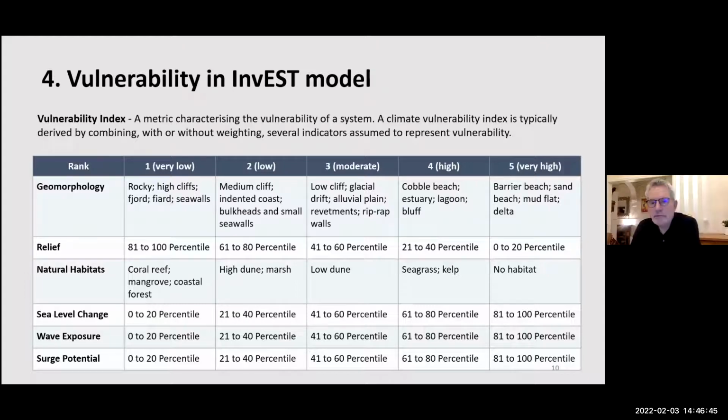Of course, the percentiles, yes, but the contents and the characteristics of the different ranks, from relief, wave, exposure, etc., is probably something that needs to be discussed in each of the case studies, and some of them will be very similar. Yes. Thank you.